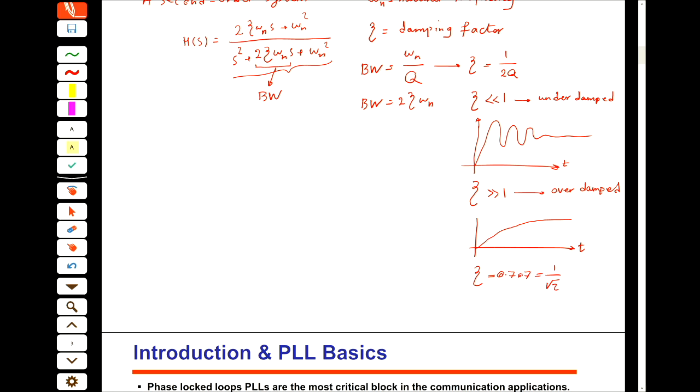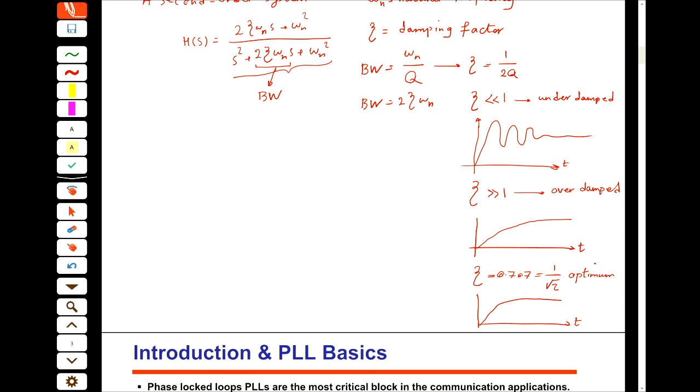Okay, so this is the optimum. The difference between this and this is that this takes longer to get stable, but this is the optimum, and it does not have any overshoot. So we always try to design a control system with the optimum zeta, because it gives us the best performance that we need.